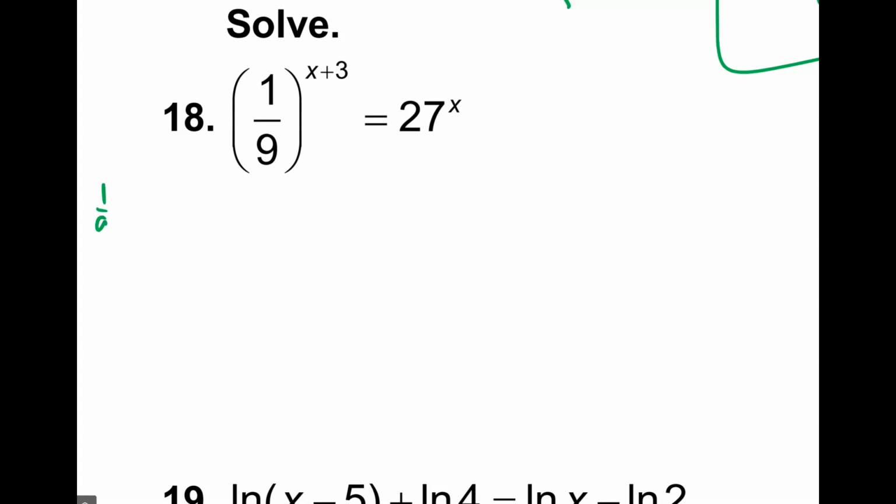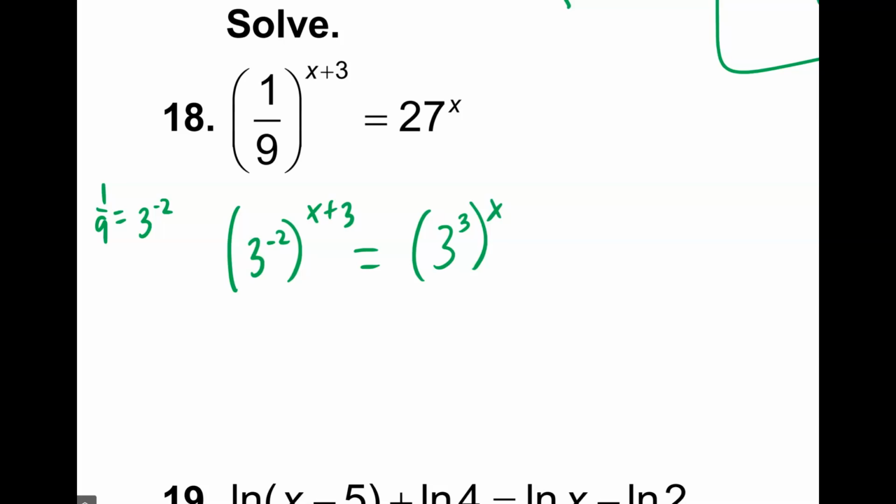Yeah. 1/9 is just 3 to the negative 2, so I could say 3 to the negative 2 to the x plus 3. What about 27? 3 to the 3rd. Okay, now I have it in terms of the same base, and I can simplify the exponent to an exponent.